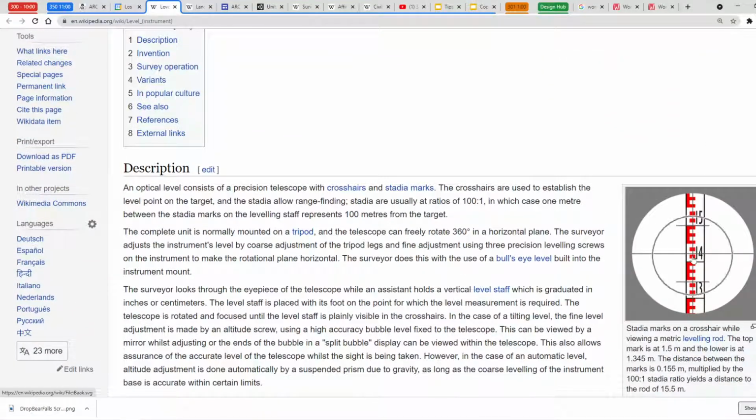So you look through there and you see this target, and that number is exactly level with the elevation that you're at. And if the bottom of this rod is sitting on the ground, then if you know this elevation, let's say this elevation is 20 feet.